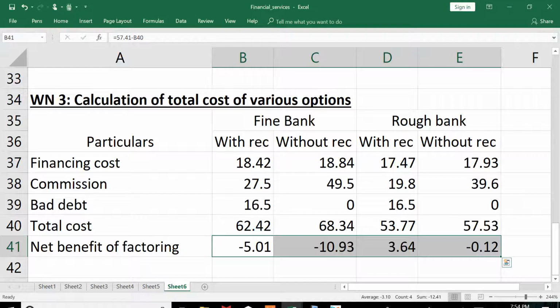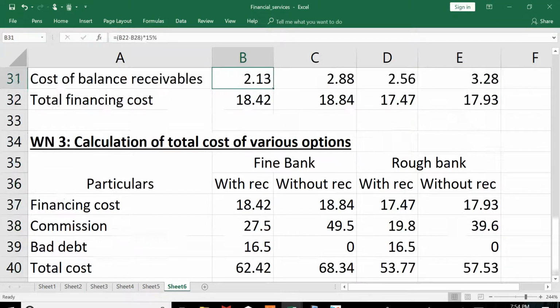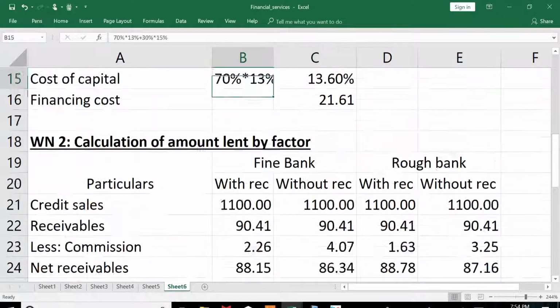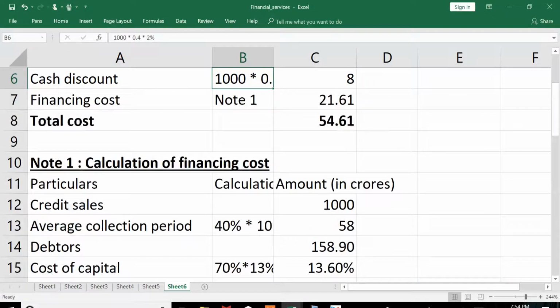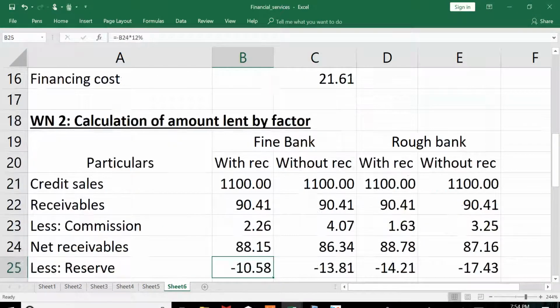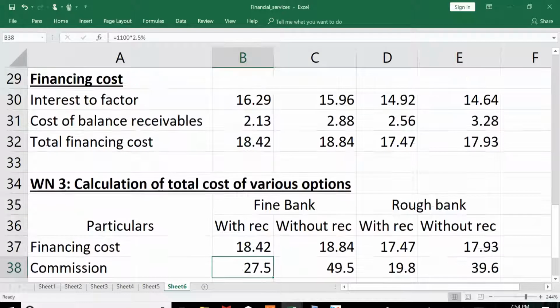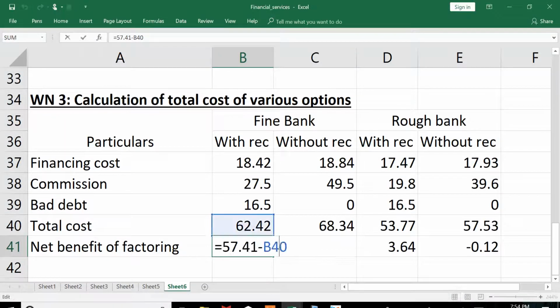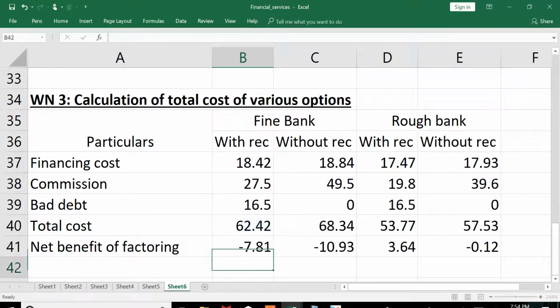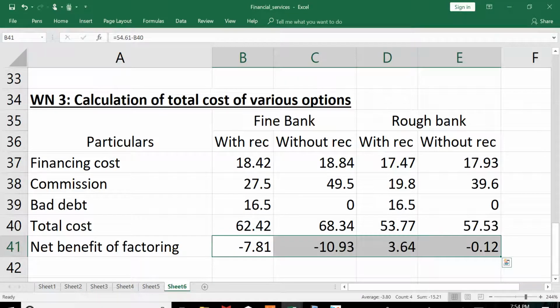Sorry, it is 54.61, my mistake. Subtract 54.61 minus this number. Still end up going with Rough Bank with recourse.